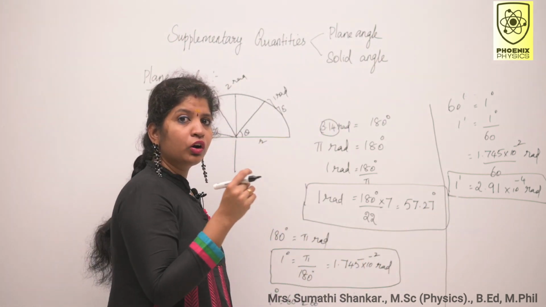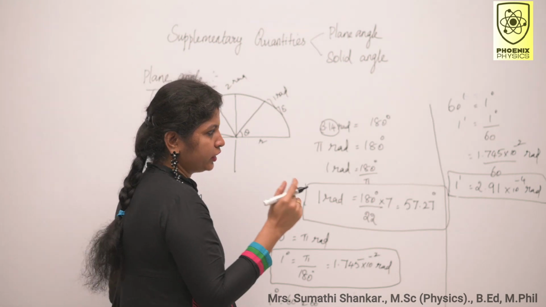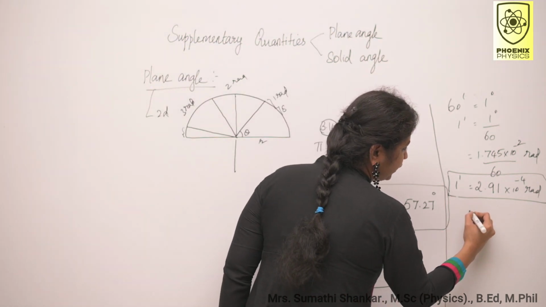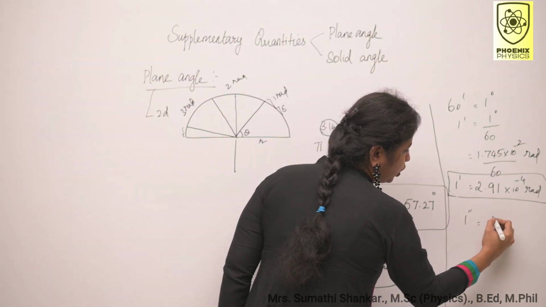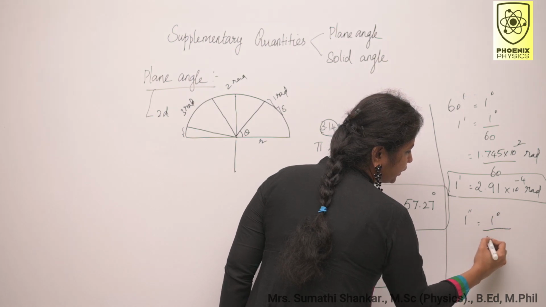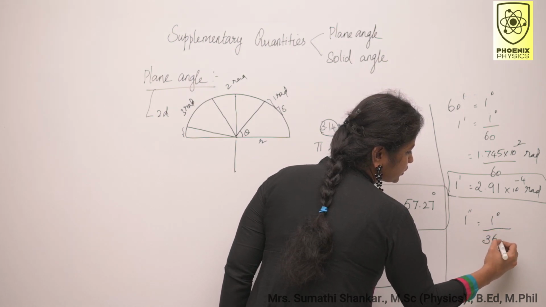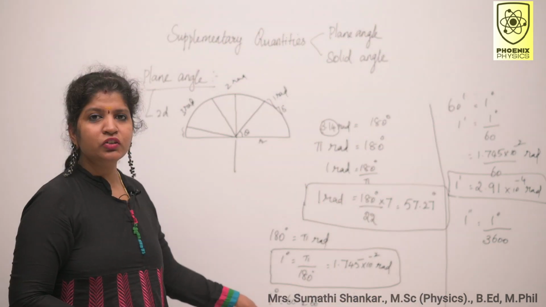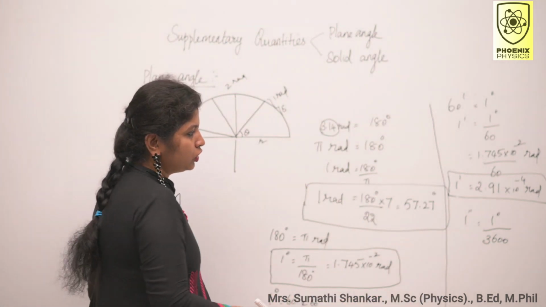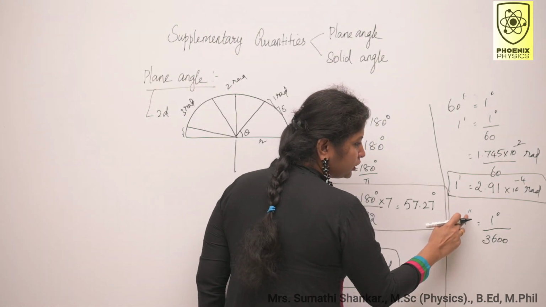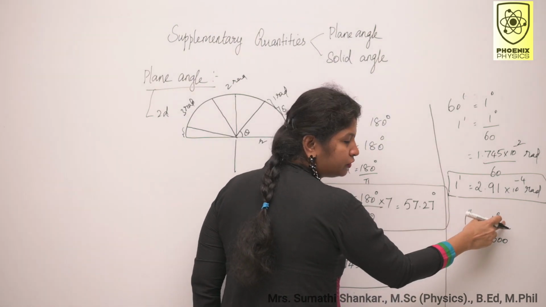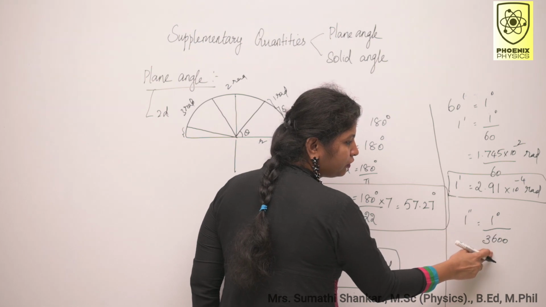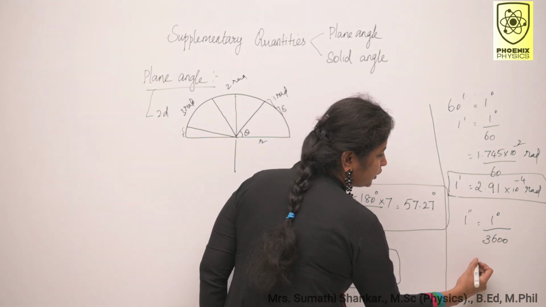Okay, so this is for 1 radian, 1 degree and 1 minute. Now I want to find out 1 second. 1 second is equal to 1 degree by 3600. You know, 1 degree has 60 minutes and 60 seconds. So 1 second in terms of degree means 1 degree divided by 3600.